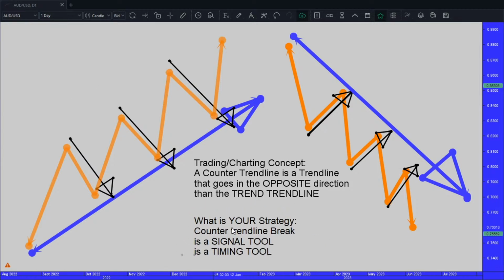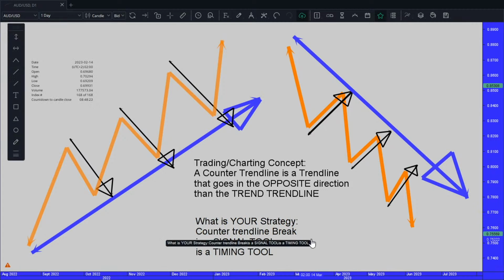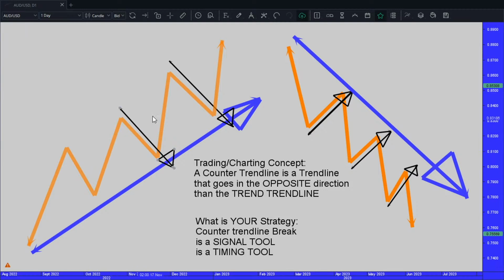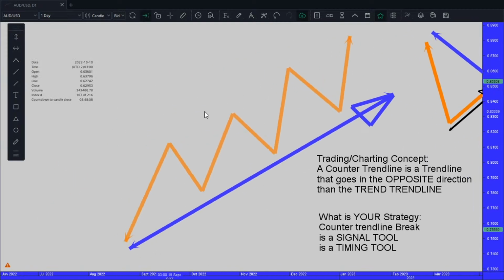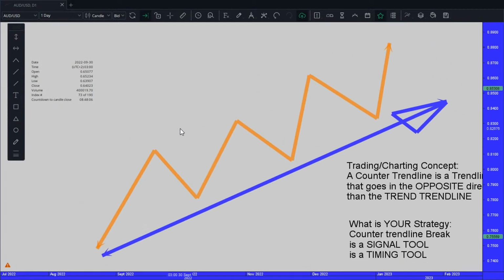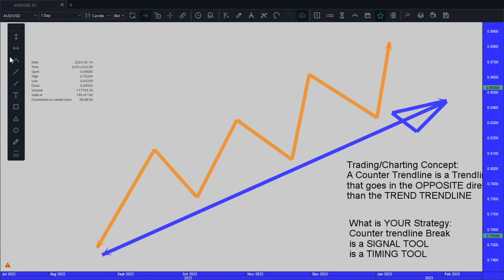You can put counter trend lines as a signal tool, as a timing tool, right? What does this mean? This means that if the orange is the market wave, just an example, and we've learned that in a market wave we are going to see extensions, the market is going to make an uptrend.